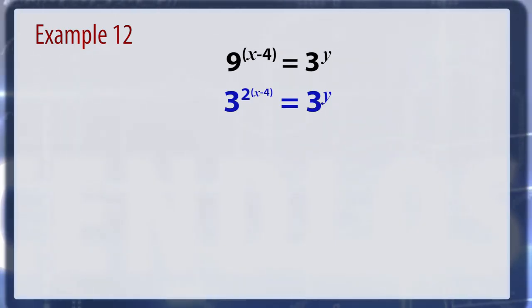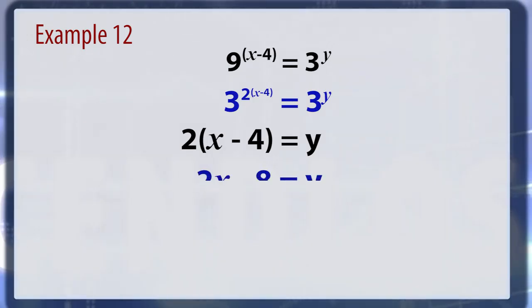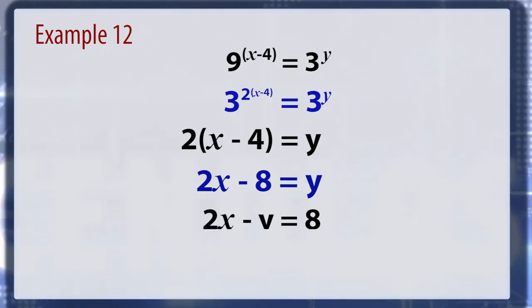On the right-hand side, we have 3 raised to the power y. We are going to equate the exponents. So we have 2 into brackets x minus 4 is equal to y. Remove the brackets and we get 2x minus 8 is equal to y. Rearrange this and we get 2x minus y is equal to 8. Then we'll label this equation 2.